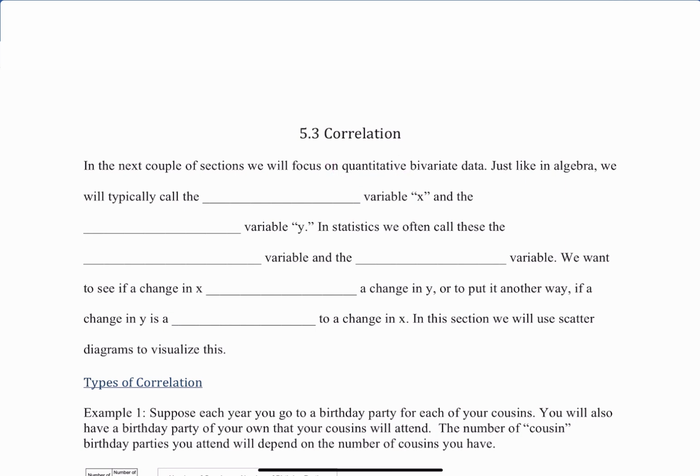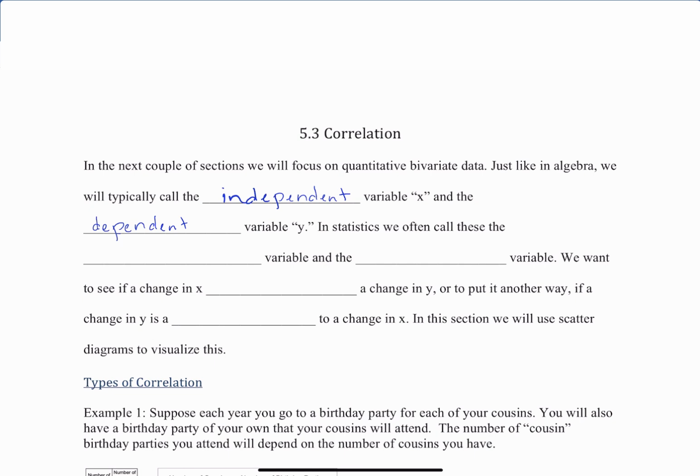Now, just like in algebra, we will typically call the independent variable x and the dependent variable y. Remember, that terminology means we're saying that y somehow depends on x.